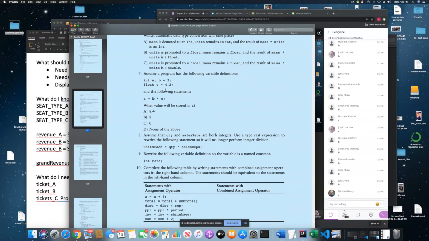B is 2 times C is 4, which is 8.4. But then you're assigning it to an integer A. So it doesn't know what the 0.4 is and only gets stored as a whole number. It doesn't know what decimal places are. It just knows what the whole number is.